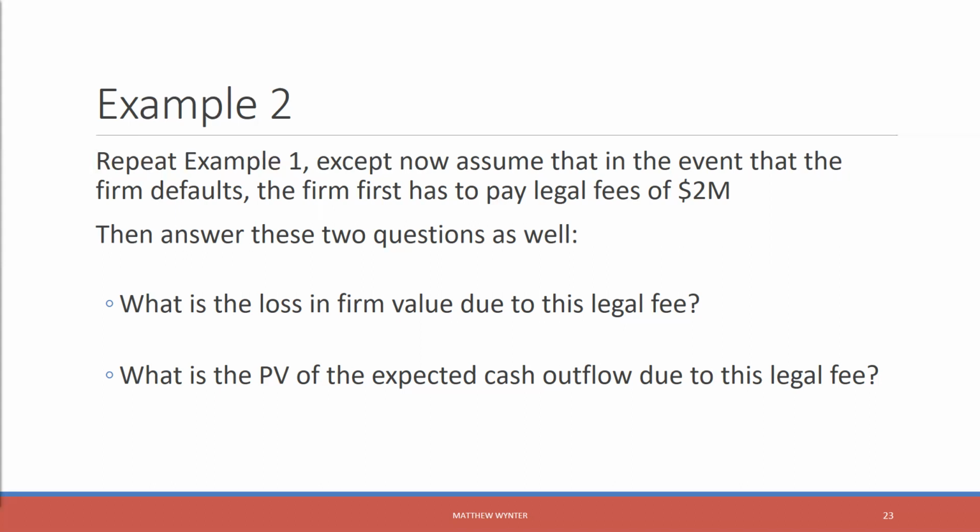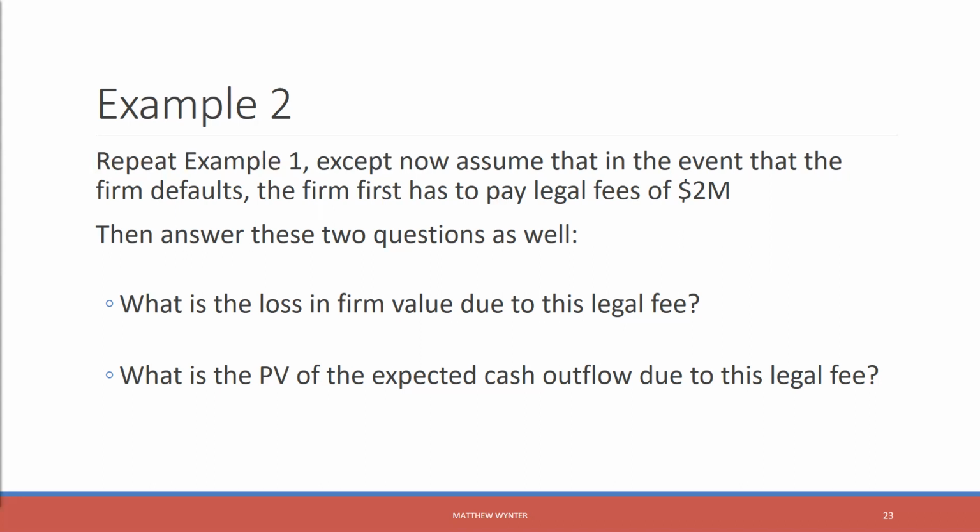Okay, so a few more steps. We want to solve for the promised yield. Again, straightforward, we know how to do that. You'll notice that the promised yield is higher in example 2 than in example 1. And then when you set up the cash flow table, again, you'll notice that the expected cash flow is now reduced for every type of cash flow.